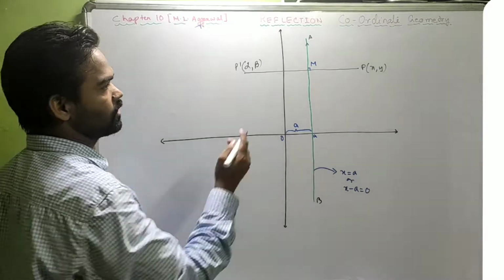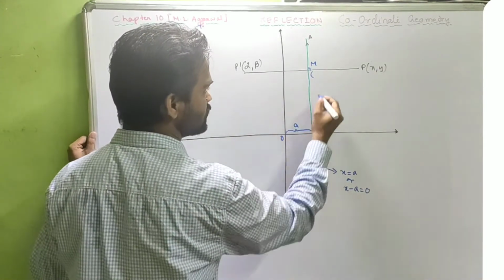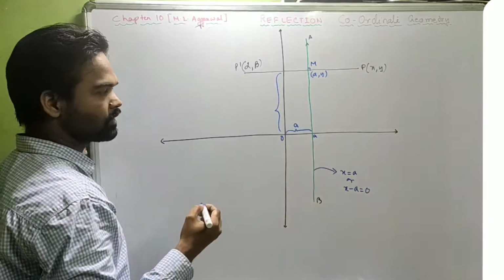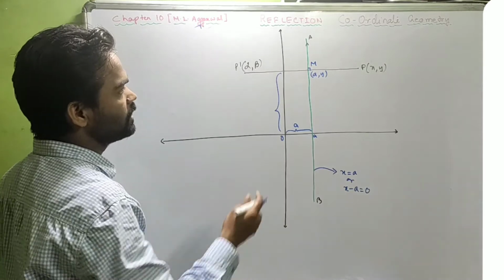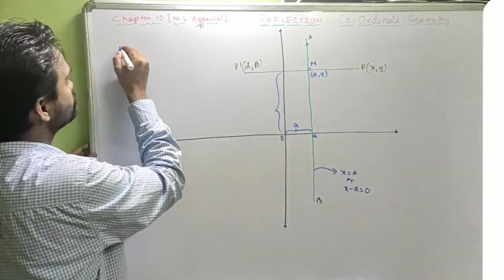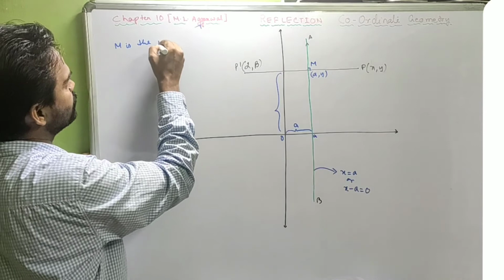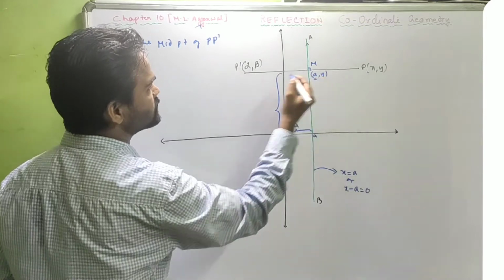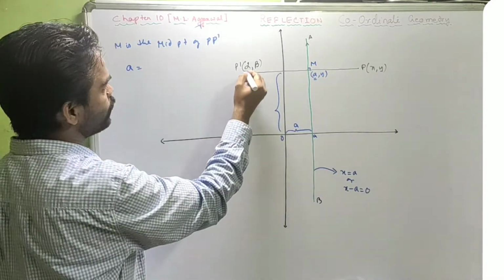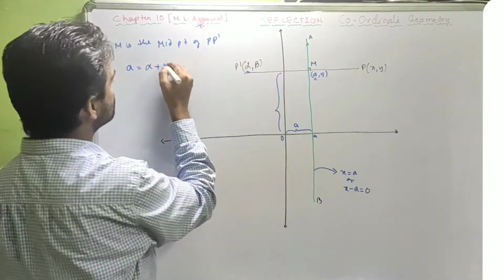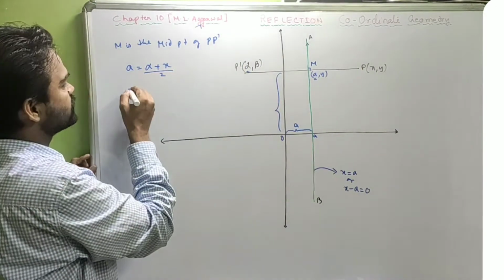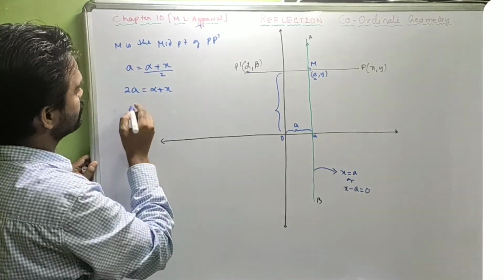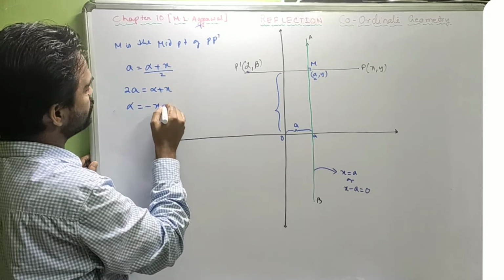Isn't it? Now look carefully. The coordinate of M is (A, y). Now we know M is the midpoint of P dash P, which means I can say A is equal to (alpha plus x) by 2, which means 2A equals alpha plus x, which means alpha is equal to minus x plus 2A.